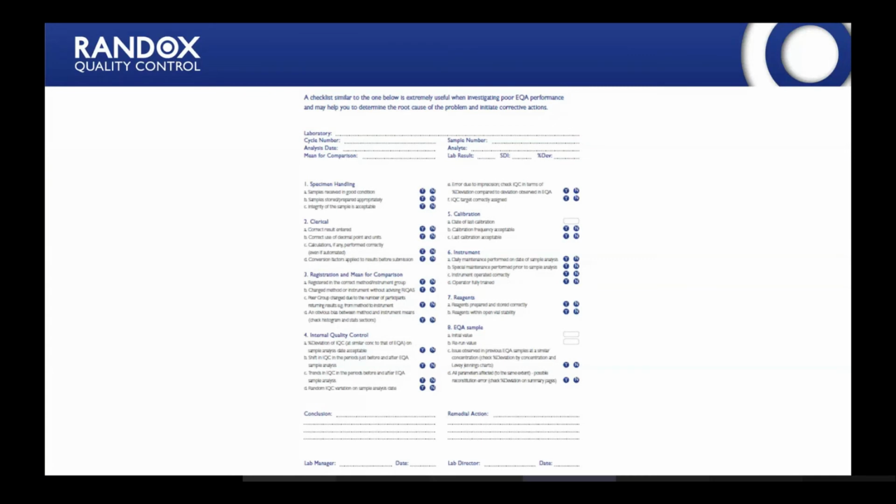And to ensure that you go through everything properly, what we would recommend is that you have a checklist similar to the one below, where you go through each individual aspect and that it's properly documented. I know the labs here in the UK that are accredited will already have something like this in place.